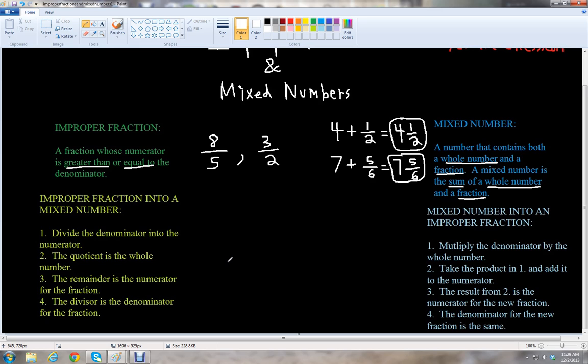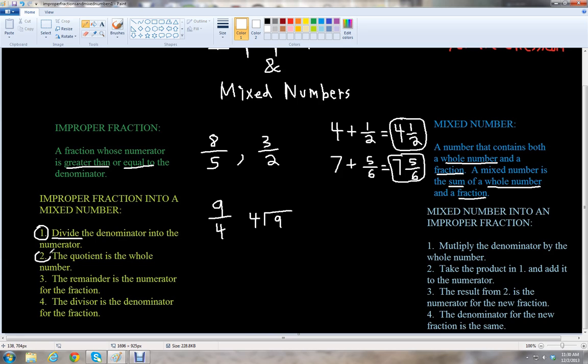So let's do a quick example to see how this works. Let's say I want to take the improper fraction 9 over 4 and turn it into a mixed number. The first rule is to divide. We take the denominator, 4, into the numerator, 9.